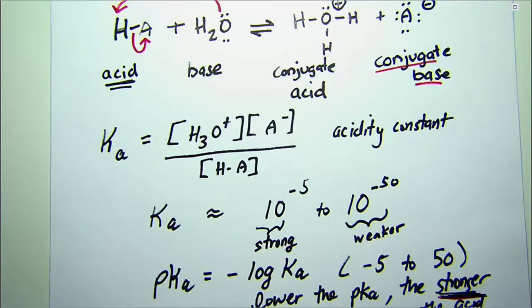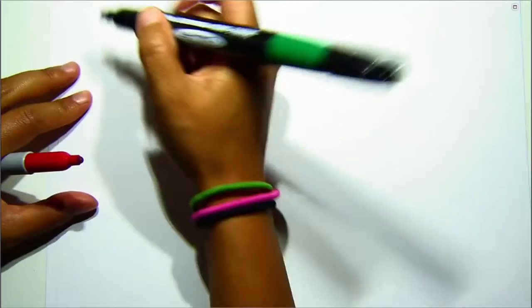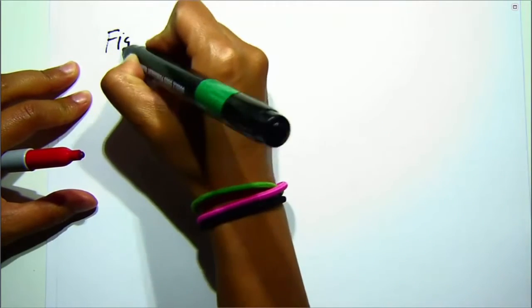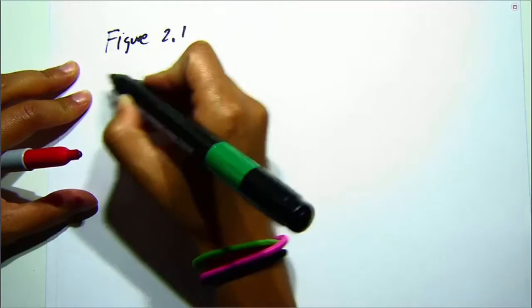So last time we defined Lewis acid, Lewis base, Bronsted acid, and Bronsted base. And so I want to give you an example of a few acids. And this is from our textbook, figure 2.1. And so some of the common acids are, for example, HCl is a good acid.